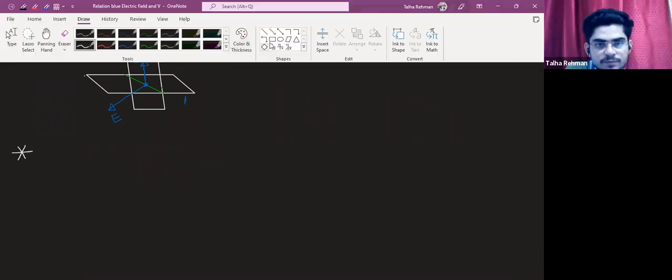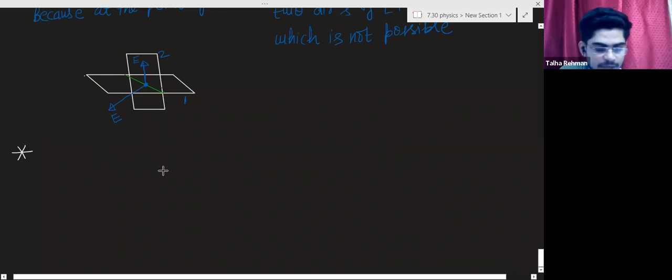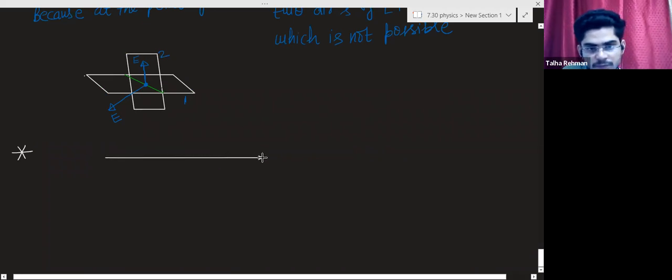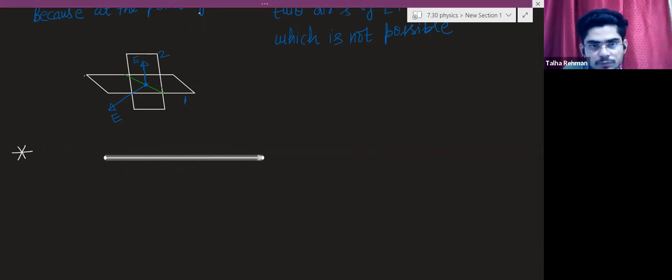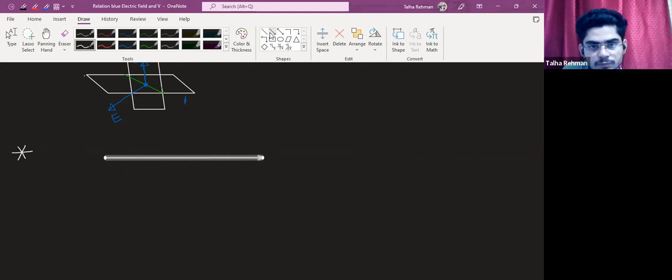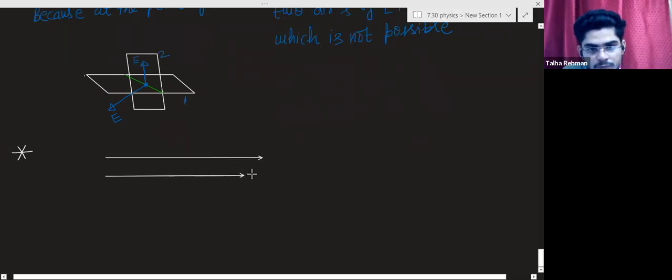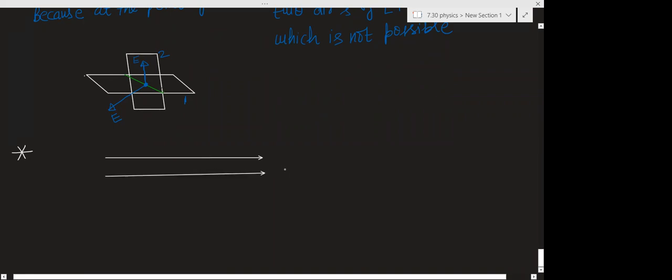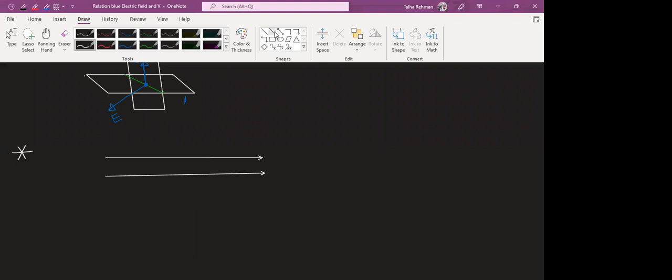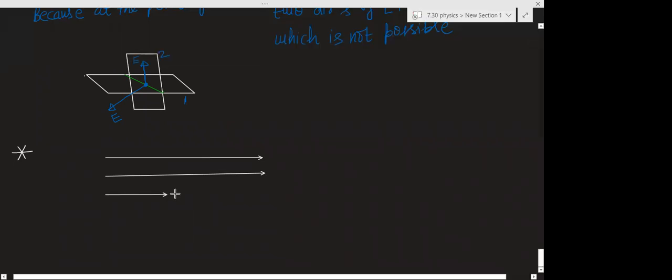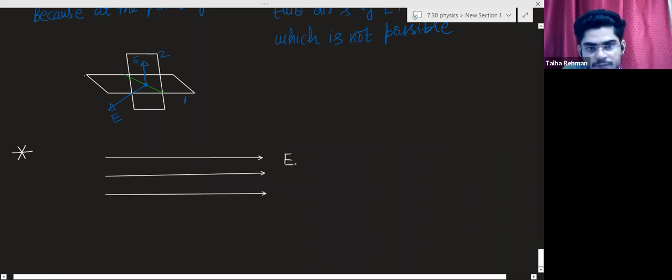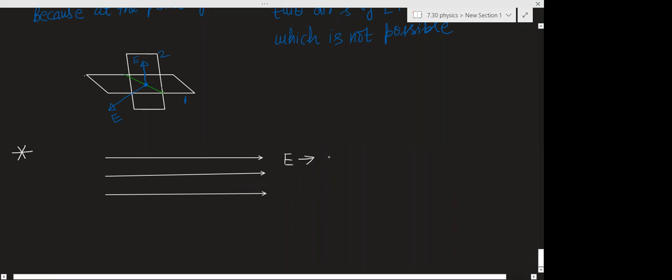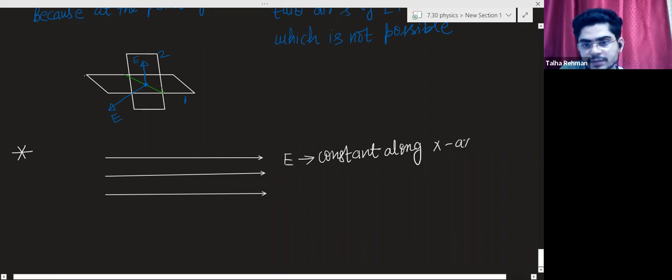Like if I am saying electric field is like this, this is the electric field, and this electric field is constant along the x-axis.